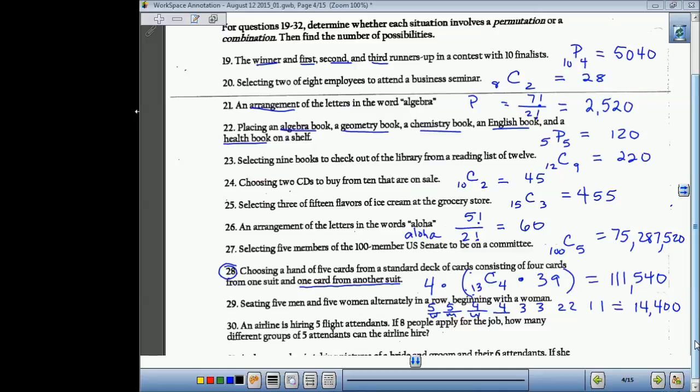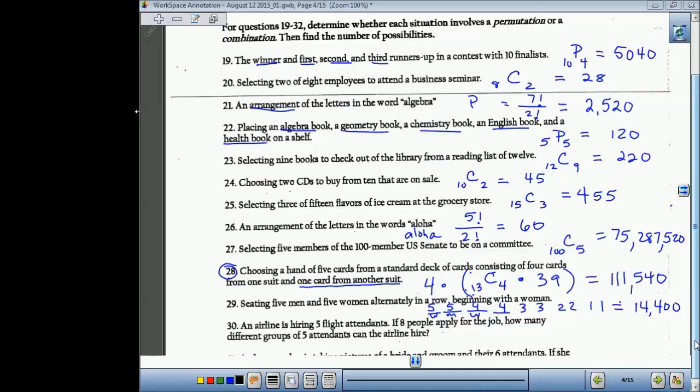There are 13 cards in each suit. Later on, when we look at probability, we might ask, what's the probability of drawing a face card? You would need to know that the jack, queen, and king of each suit are considered face cards because there's a face on the card. But in this case we don't have to worry about face cards.